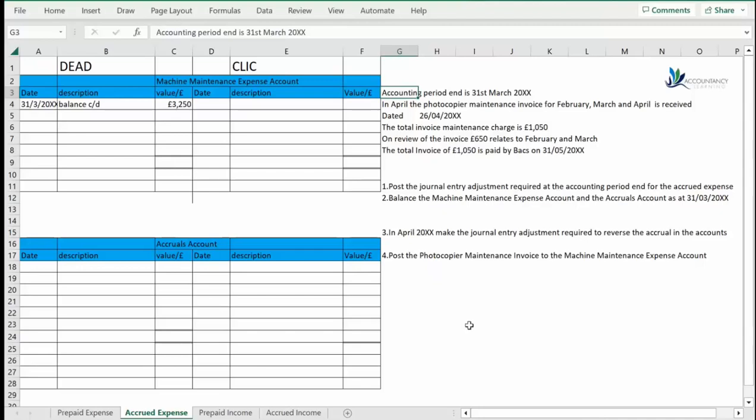First of all, we're required to post the journal entry adjustment required at the accounting period end for the accrued expense. We look at the total for February and March of £650, and remembering that expenses are always debits within the expense account, debit £650 for the accounting period end to follow the accruals concept and the matching principle.